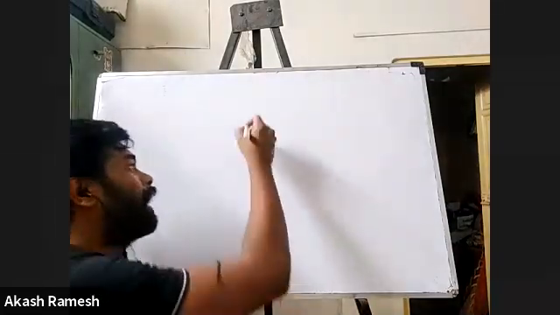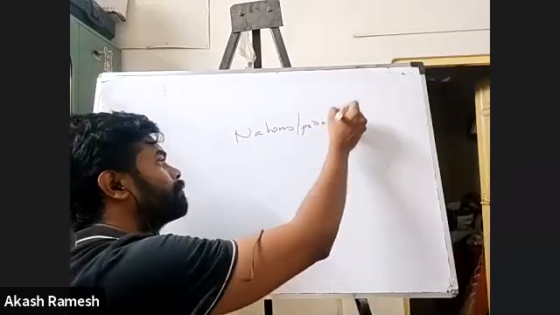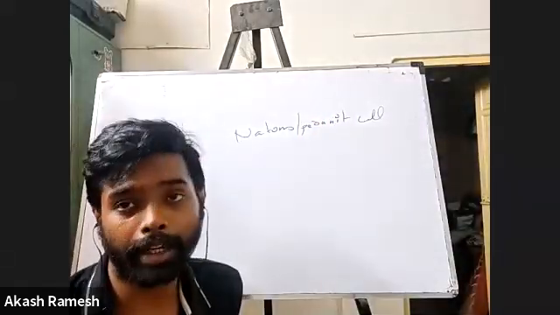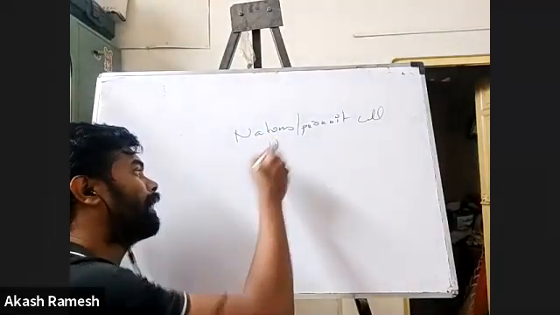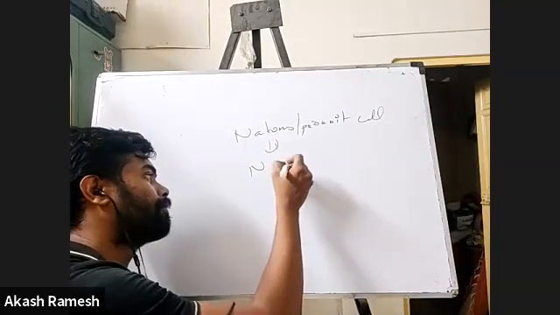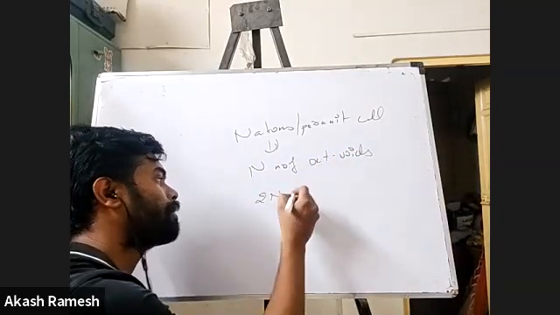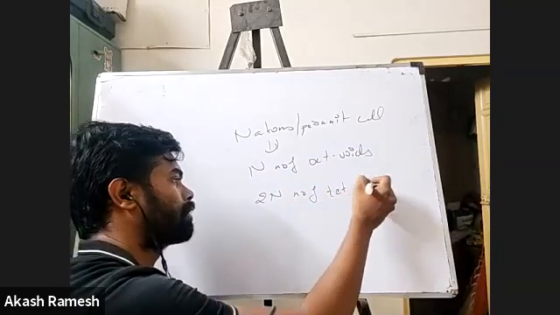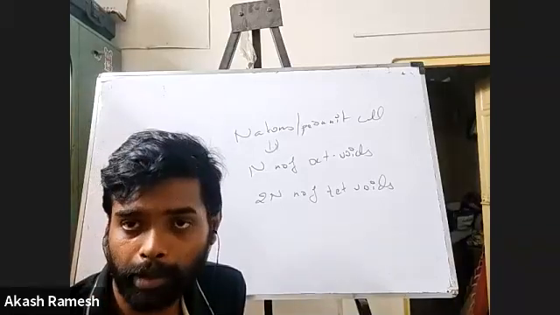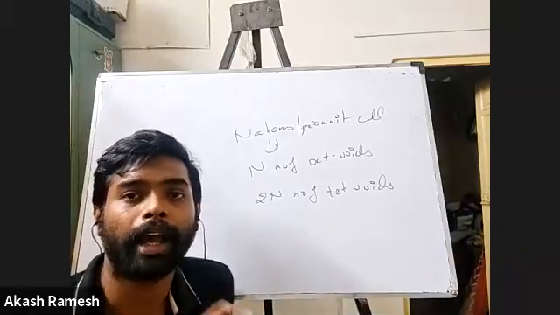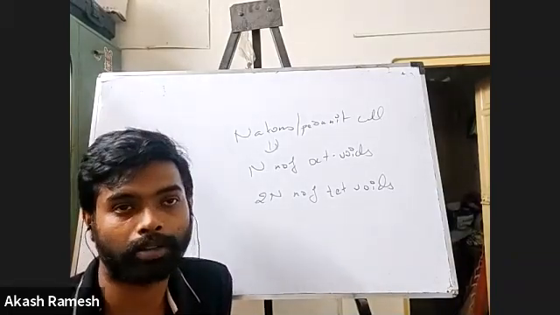So if I have n atoms per unit cell, then I will have n number of octahedral voids and 2n number of tetrahedral voids. This simple stuff you need to understand. If I have n atoms per unit cell, then I'll have n octahedral voids and 2n tetrahedral voids, right?